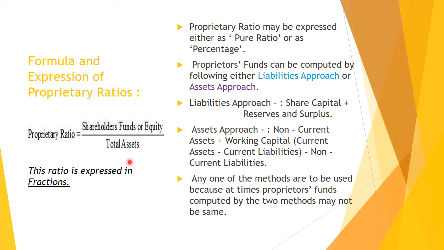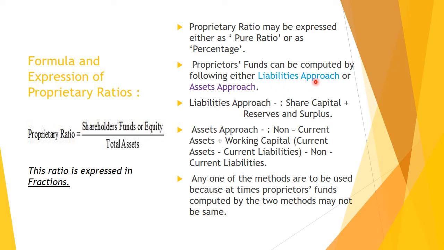Now this proprietors' fund can be computed by either of two methods: the liabilities approach or the assets approach. This is not something very big and new to you. Liabilities approach means all the items related to liabilities that are given will be added and considered. See over here I have written share capital plus reserves and surplus. Whatever is there on the liabilities side will be added up. That is the liabilities approach. Now as I said earlier also, asset and liabilities totals are the same.